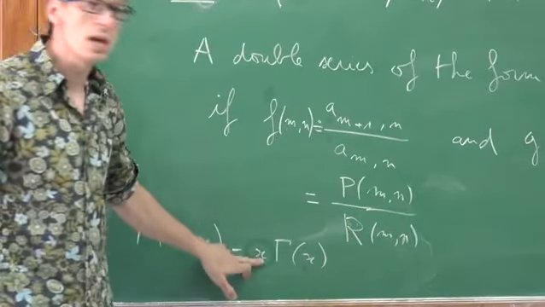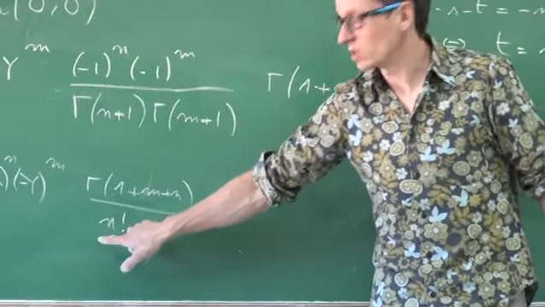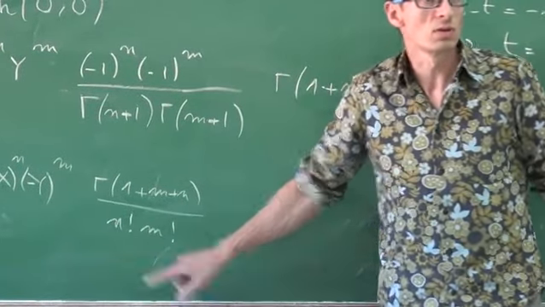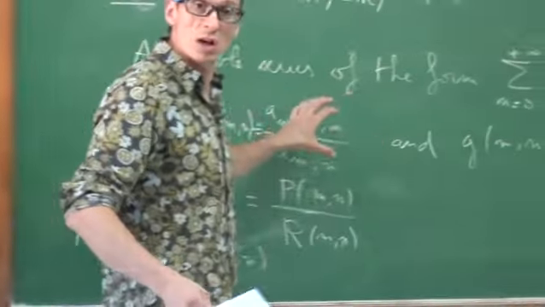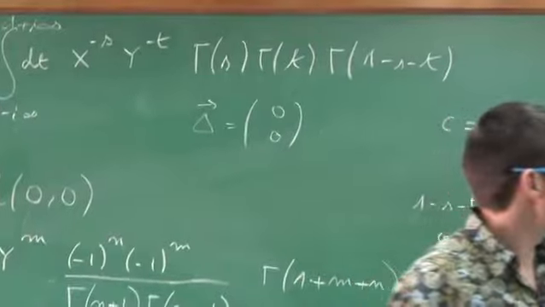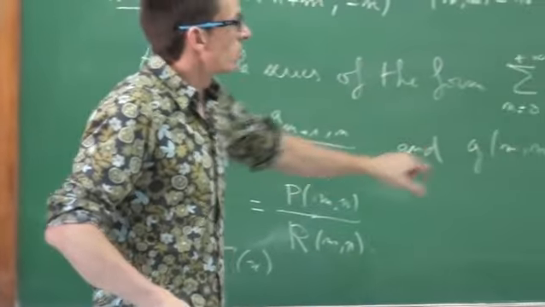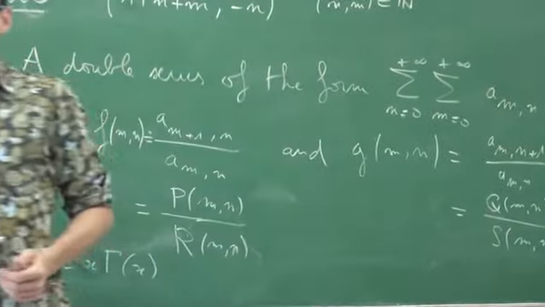So x here is 1 plus m plus n, and here it's m plus 1, here n plus 1. So at the end, we are in this case. Okay? So our series, and in general in quantum field theory, the series are of Horn types. Not always, but very often.